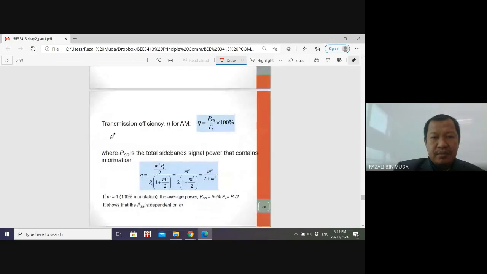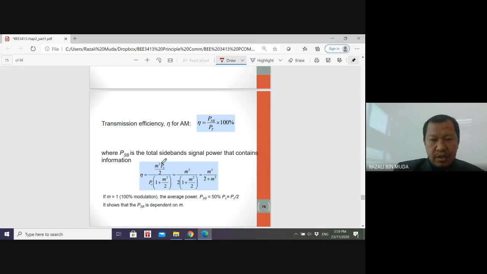From that, we also can see the transmission efficiency for AM. The transmission efficiency is P sideband over P total multiplied by 100%, where PSB is the total sideband signal power that contains information.